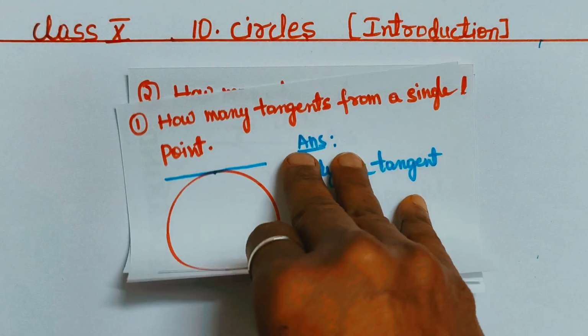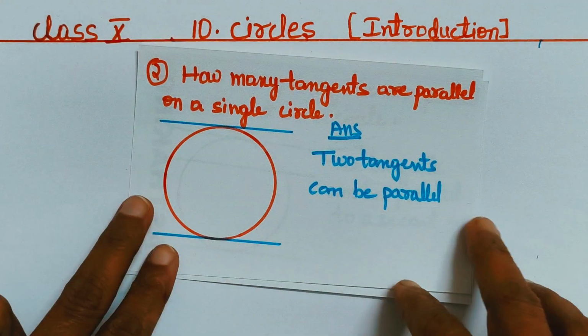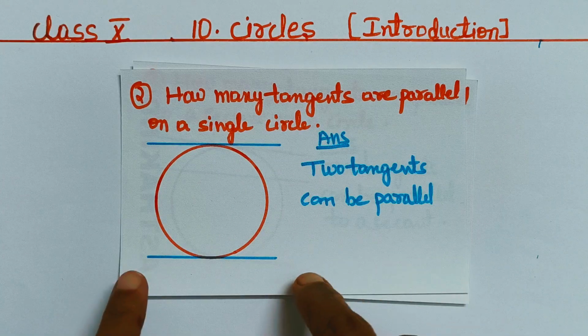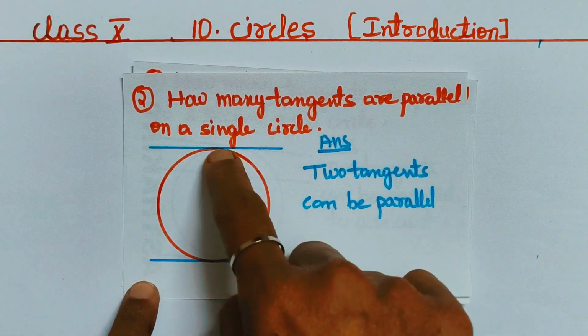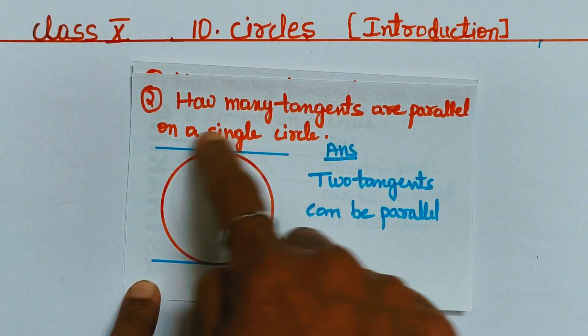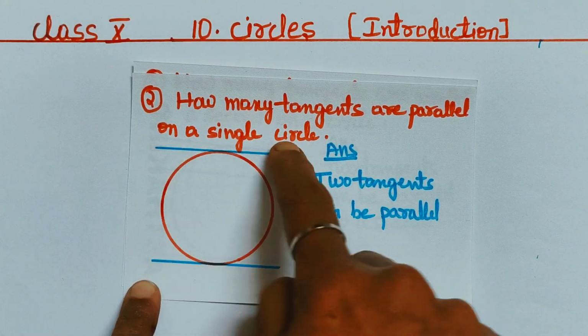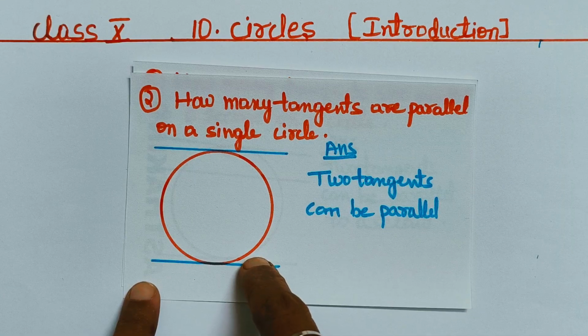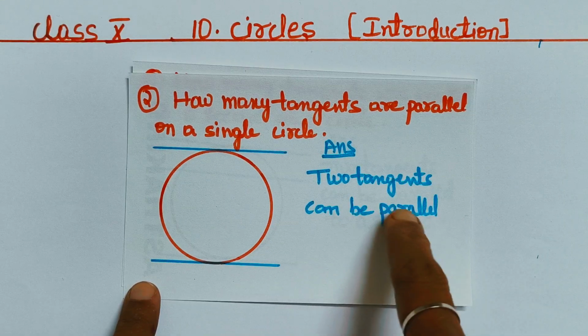Next, second question. See here, how many tangents are parallel on a single circle? See here, one circle is there. How many tangents are parallel? Here one parallel, here one parallel. So two tangents are parallel.